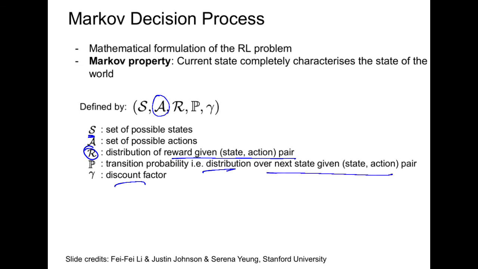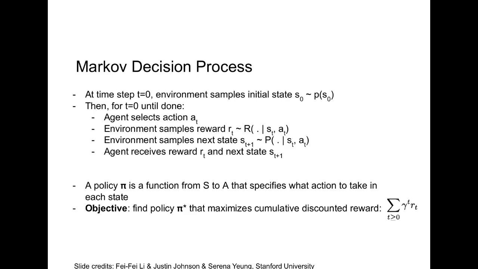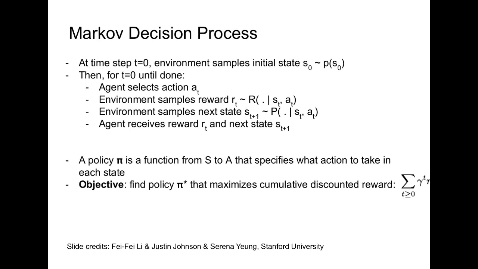Okay. So what happens at time t equal to 0? You sample from some initial state, and then the agent knows about this state. It chooses an action a_t, and based on this the environment samples a reward, and then the environment samples the next state. The agent receives the reward r_t and state s_{t+1}, and then you iterate over this.